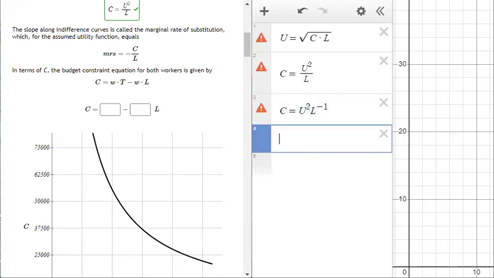The next thing I want to do to differentiate this with respect to L, right? I want to put a D in front of C. So this means differentiate C with respect to L, right?